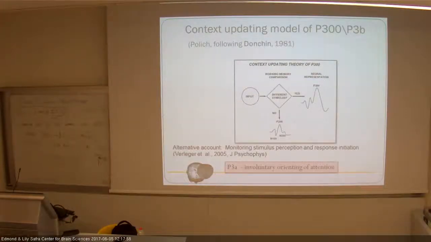One of the models which people cite frequently is that the reason we see this big response is that since we detected a target, which we were waiting for, we were holding the target in working memory and waiting for it to appear, and now it appeared, there is this kind of updating of working memory. I'm updating my working memory, and that's what I see as the P3B. But I don't want to commit too much to the cognitive explanations. It's definitely a simplistic explanation, especially since there are a lot of sources. I'll say more in a second.